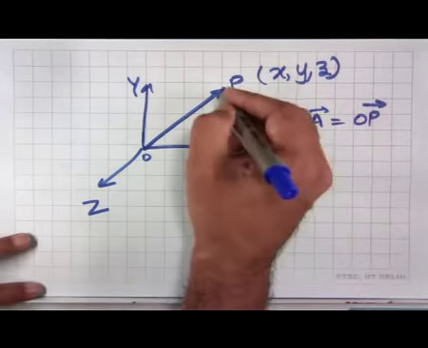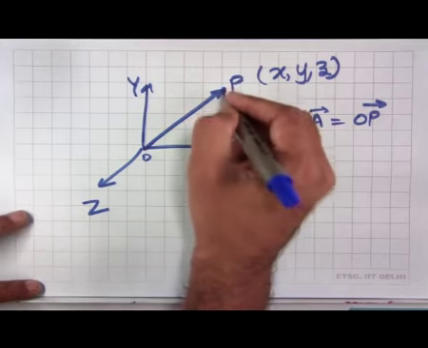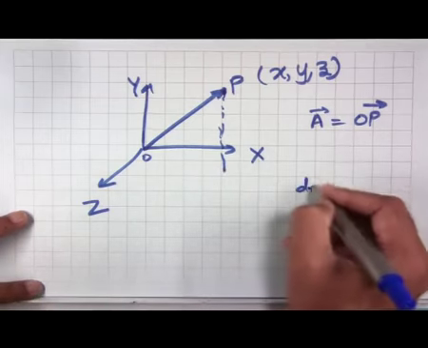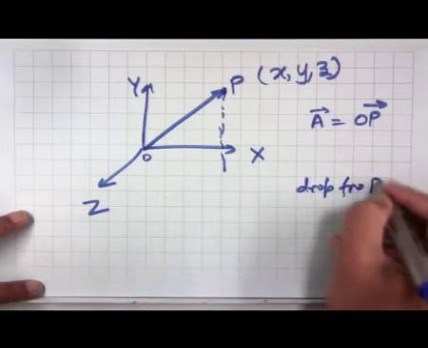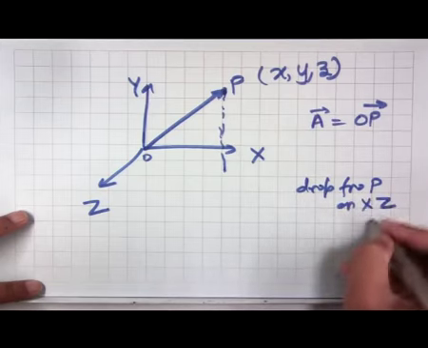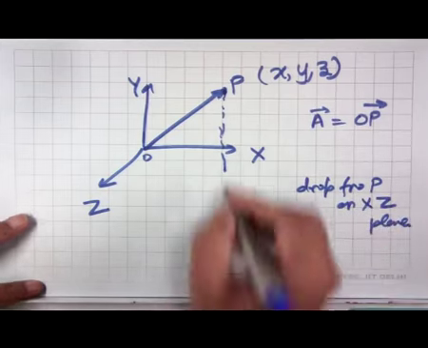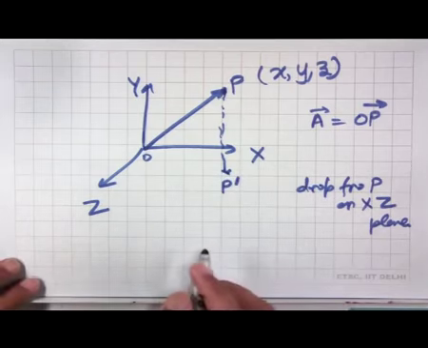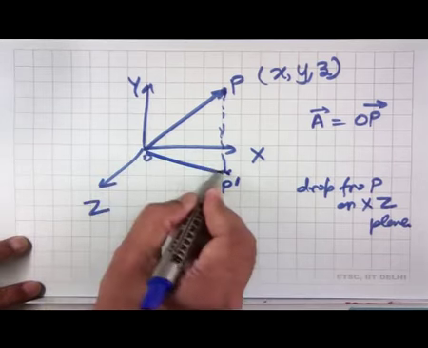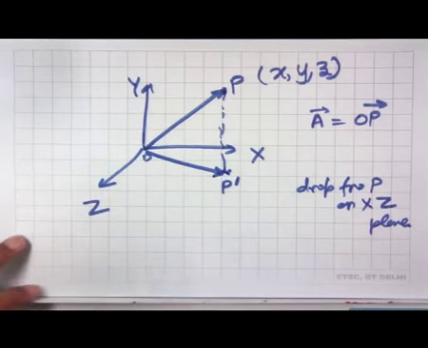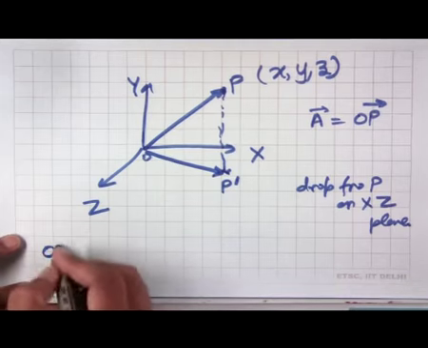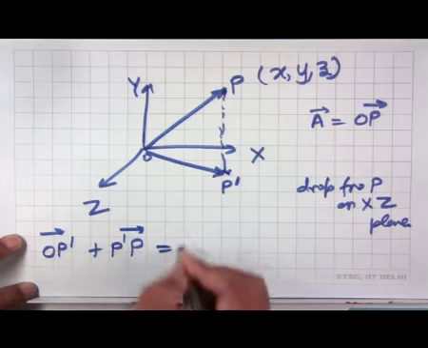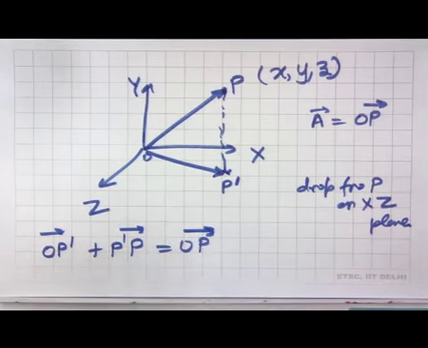Now, if we drop a perpendicular from P on the xz plane and let this hit the xz plane at P prime, now, if we join OP prime, then it is very clear OP prime plus P prime P is equal to OP.